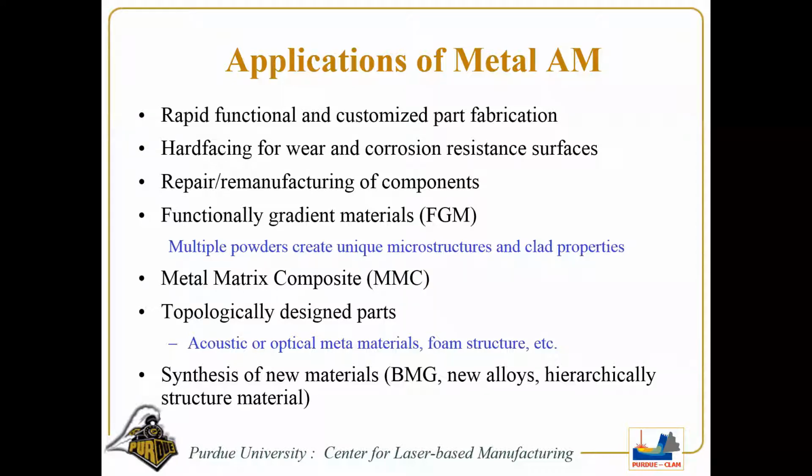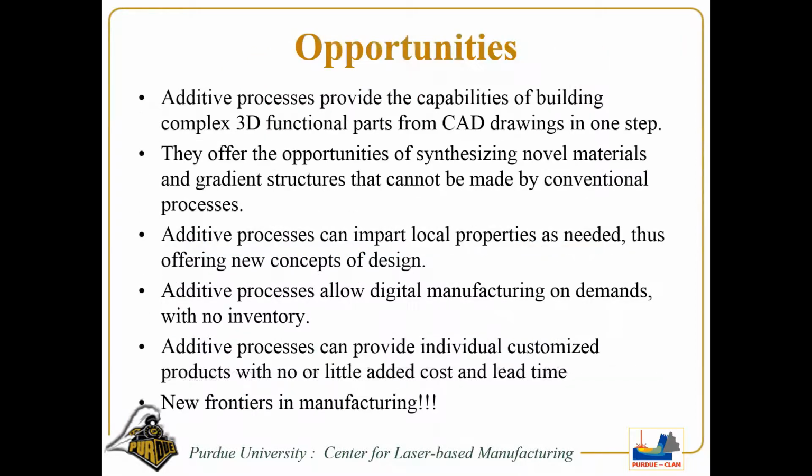And once you build structures like that using additive manufacturing, you can have something like acoustic and optical metamaterials. These metamaterials don't exist in nature. However, you can build those things with very unique capabilities, and the foam structures and things like that. So there are a lot of opportunities with additive manufacturing.